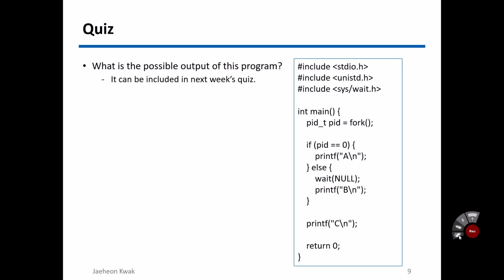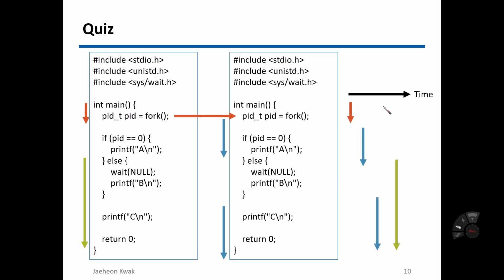So what was the possible output of this program? There is only one possible output for this program. We have one wait function and one fork function. So let's see these figures. This is a parent process, and it will create one child process.